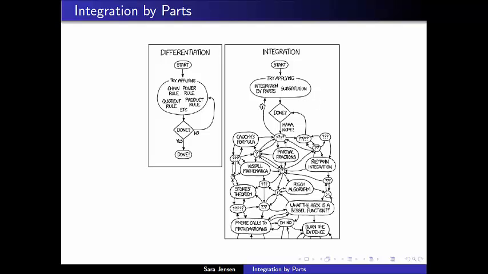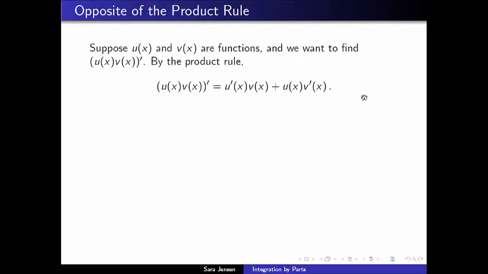And because these integration techniques correspond so nicely with basic, simple, one-time applications of differentiation, they are fairly straightforward to apply and are good techniques to try to start with, as shown in this comical graphic. So let's see the way in which integration by parts is the opposite of the product rule.